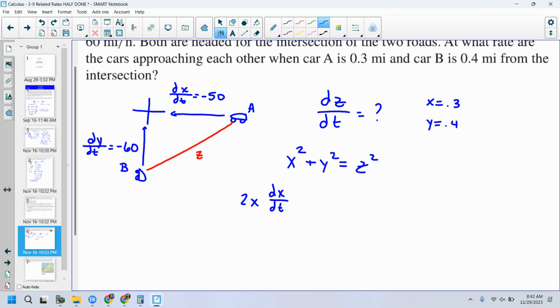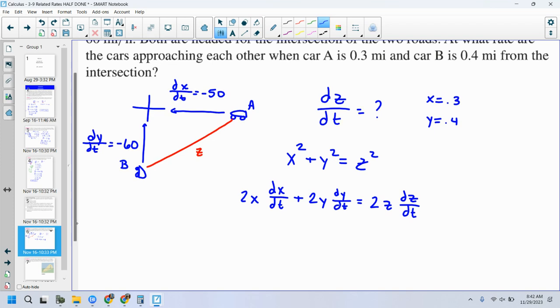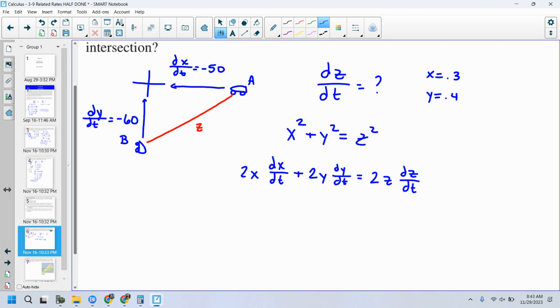Or if you wanted to say 2x x prime, that's the same thing, but I'm going to call it dx/dt. 2x dx/dt, that's the chain rule, plus 2y, the derivative of the square, times y prime, or dy/dt, is equal to, same thing, 2z dz/dt. And we have pretty much everything we need. Let's start plugging in and figure out if we need anything else.